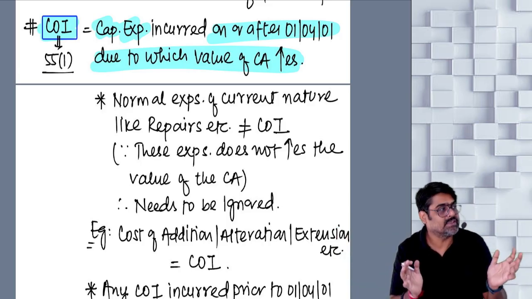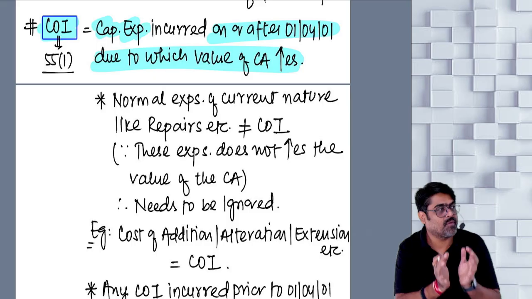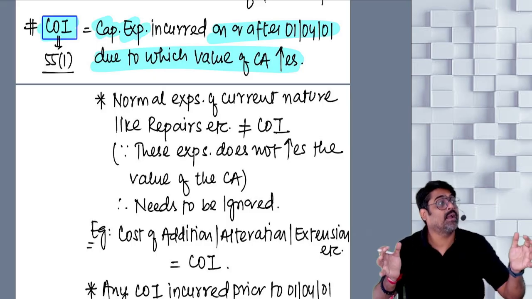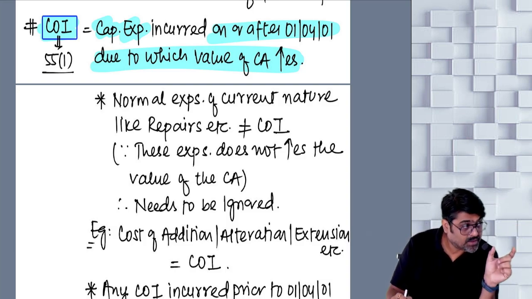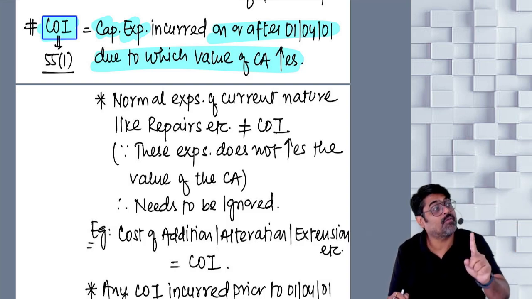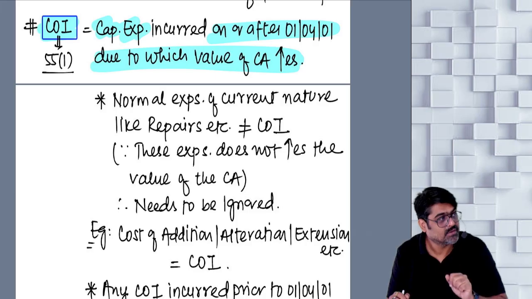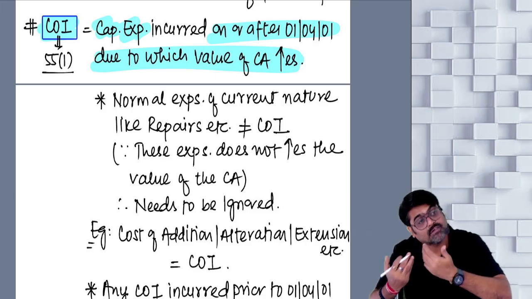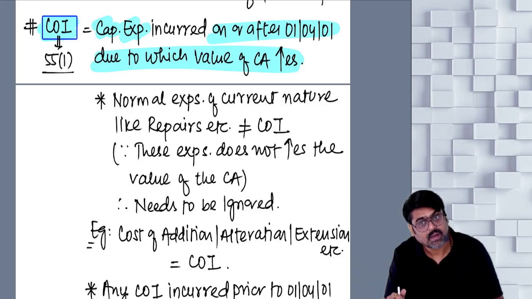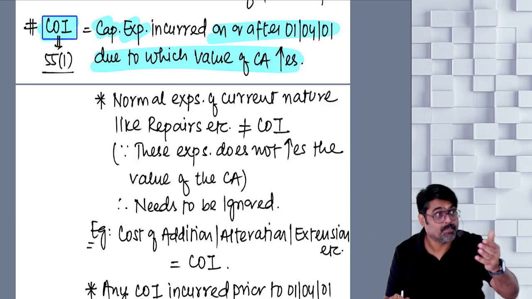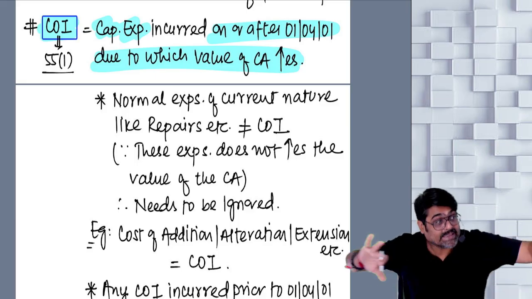Due to that extension, the area of my property increased from 500 square feet to 700 square feet. 500 square feet premises I am selling for 30 lakhs. Will I sell the 700 square feet premises for 30 lakhs or more? How did my property become 700 square feet? I broke this wall and did the extension work.